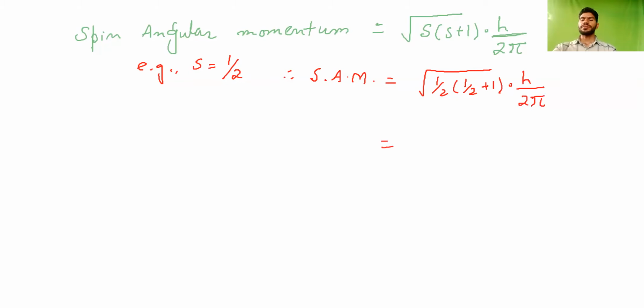So what is that? That is here 3 by 2. I will write it here: 1 by 2 into 3 by 2 into h upon 2 pi. So what will it be?